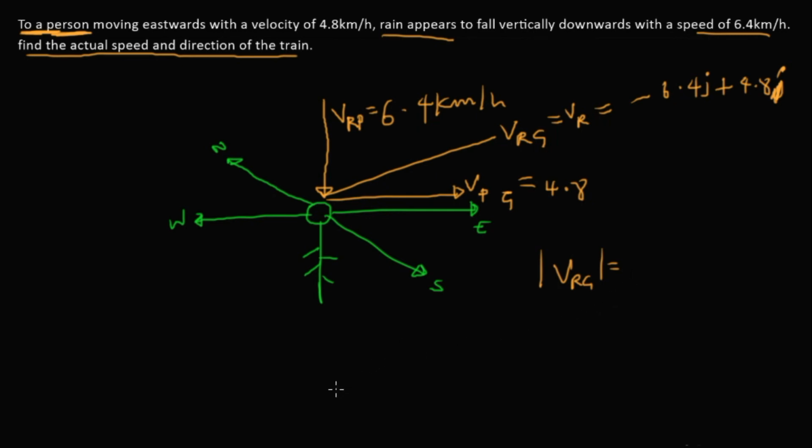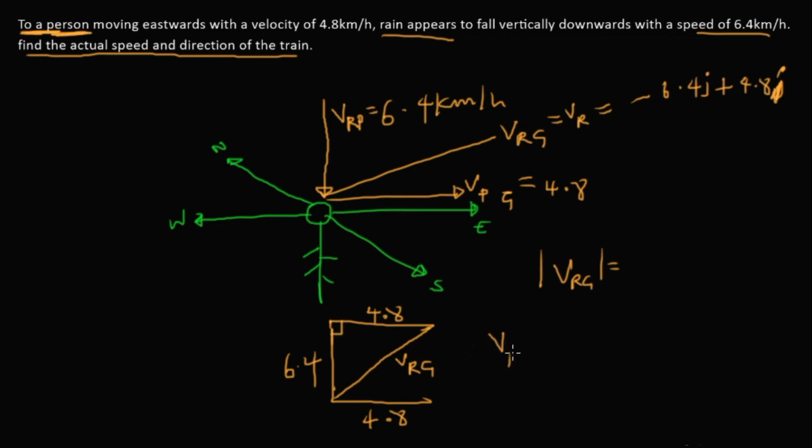We have 6.4 here, and then we have 4.8 here, and we are looking for this, VRG or VR. Notice that this vector and this 4.8 are the same because they are parallel to each other. So this is a right angle triangle, where this is the hypotenuse.